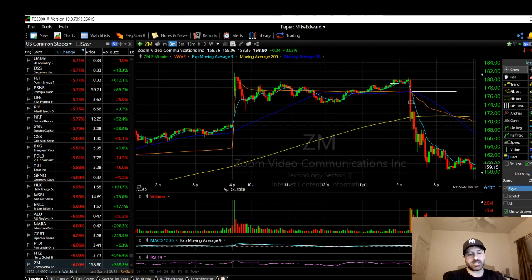Let's use the SPY for an example. Let's say the SPY is at 280. You think it's going to go up. What you would do is sell a 285 strike expiration put option and buy a 275 strike put option.